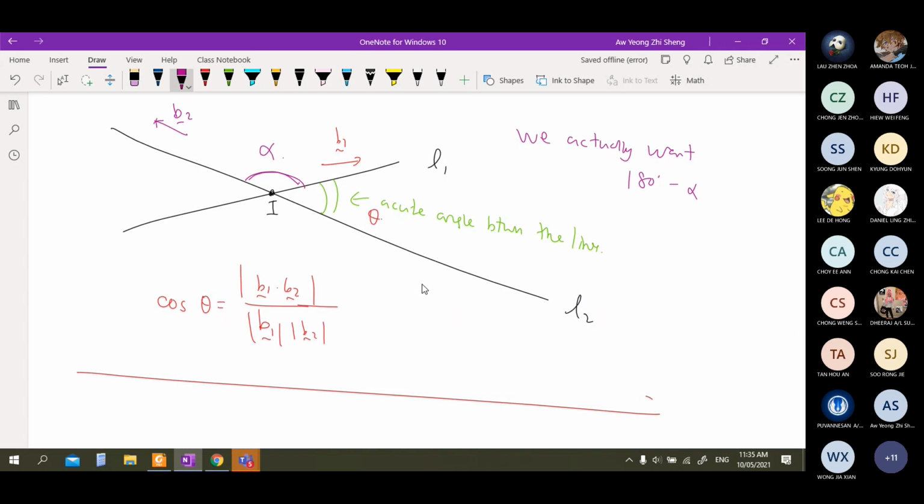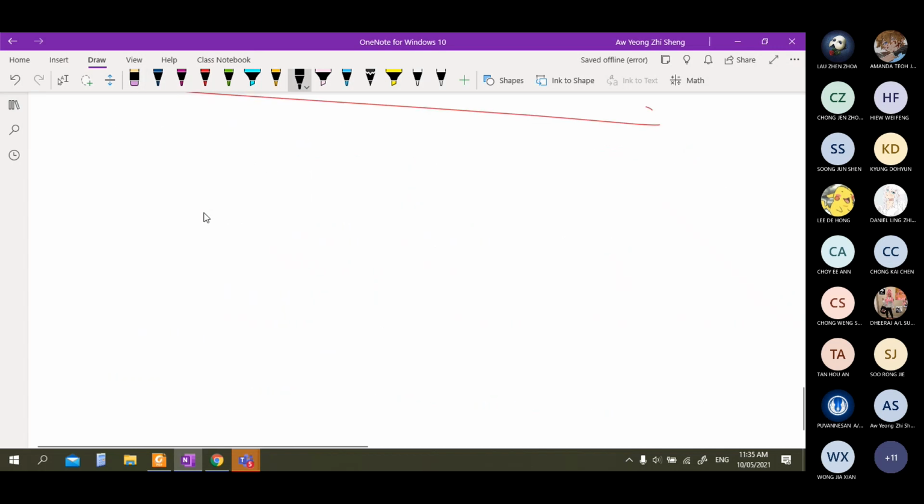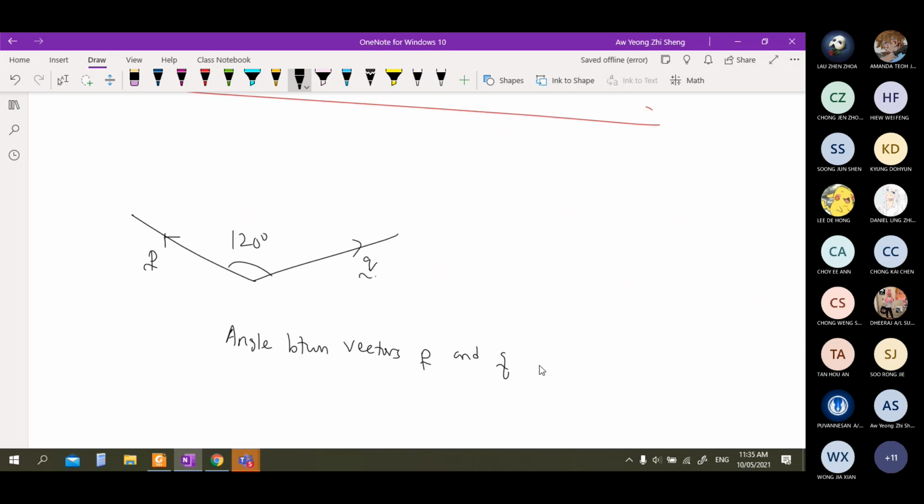Can we use this formula for what we learned earlier? To avoid confusion, if I give you two vectors, let's call them P and Q, and they ask for the angle between vectors P and Q, and the answer happens to be 120 degrees, which is obtuse, you would leave your answer as 120. If you write 60 degrees, it will be wrong.